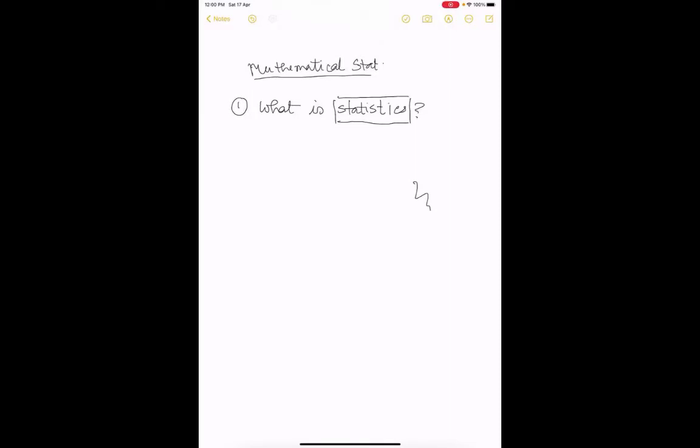Anybody can try to explain what are the two different popular meanings? I mean, there is no right or wrong answer. To a statistician, it is a function of some random variables.